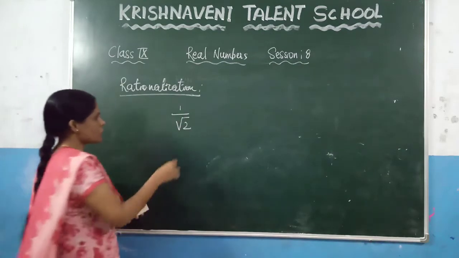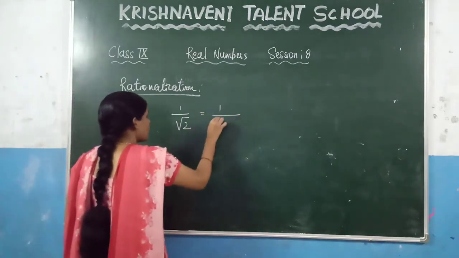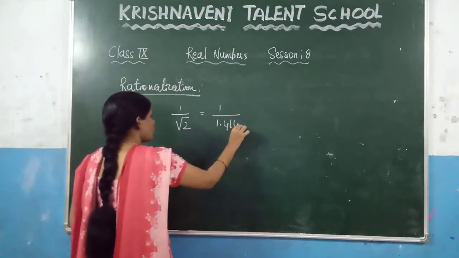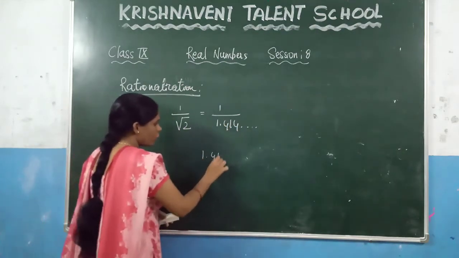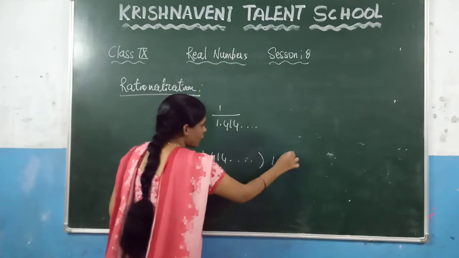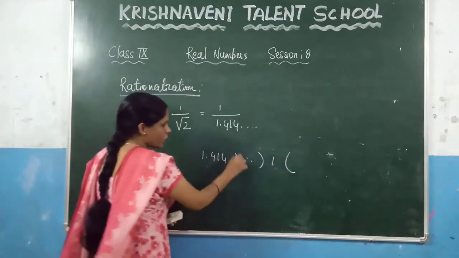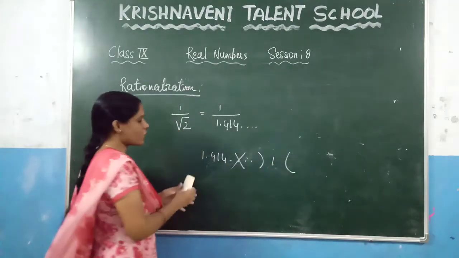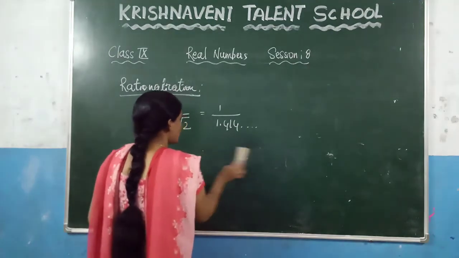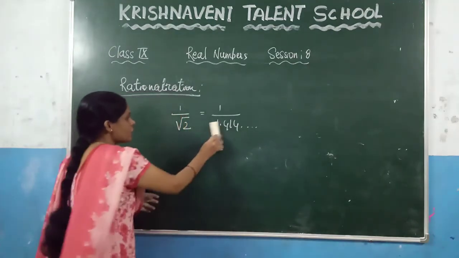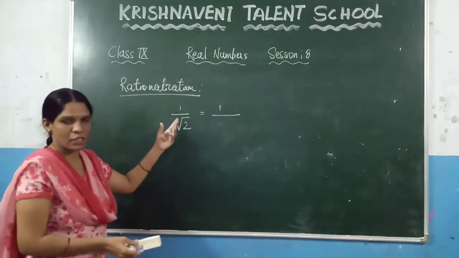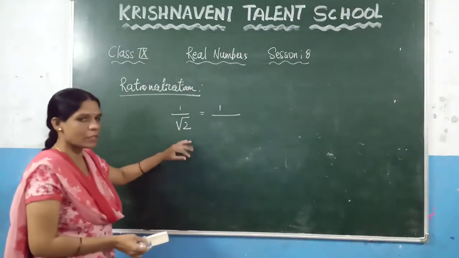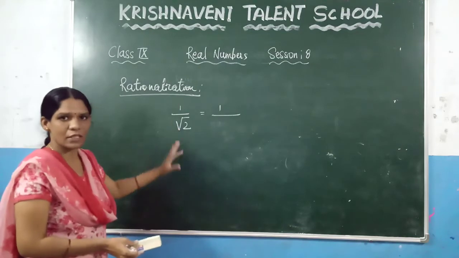I told this example before. 1 by 1.414 and so on. We cannot divide this, because 1.414 and so on divided into 1 is not possible. So for that reason, we change this irrational number into a rational number. If we change it into a rational number, then we can divide.